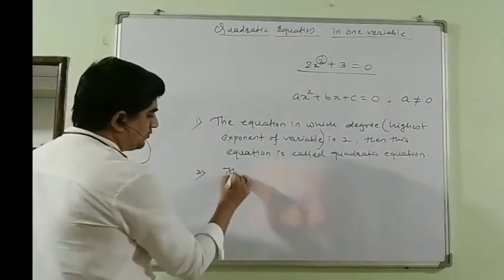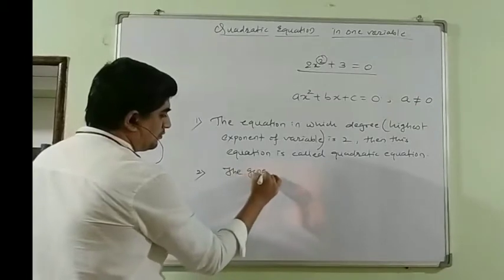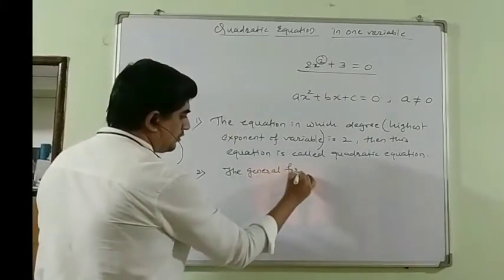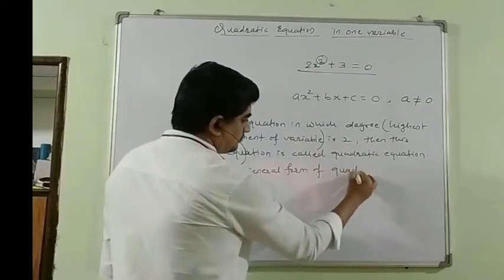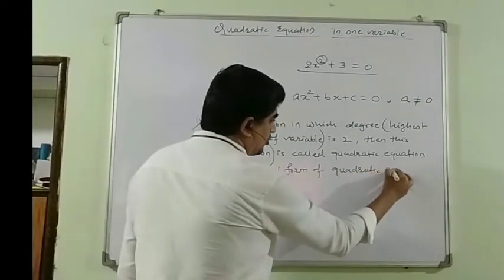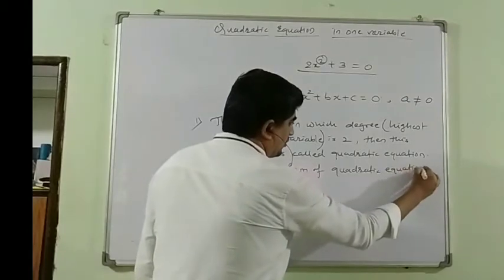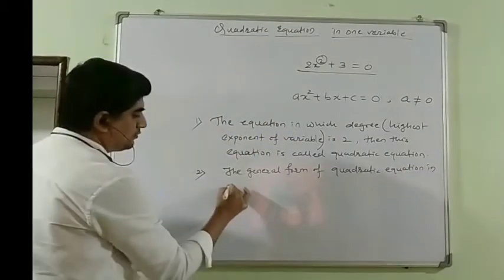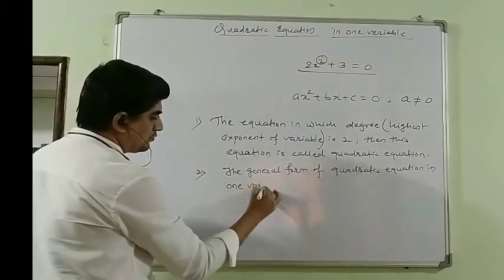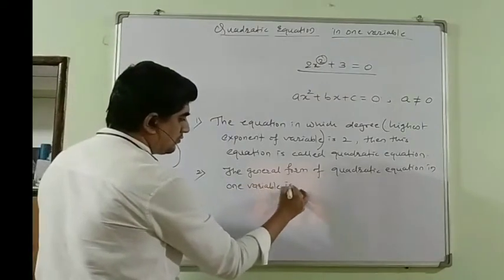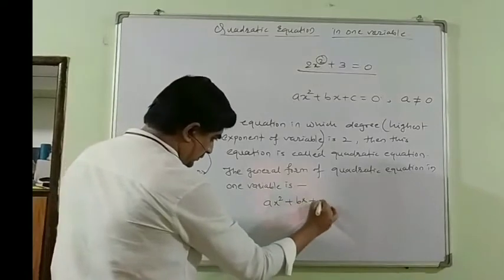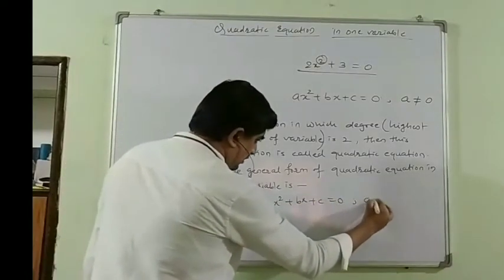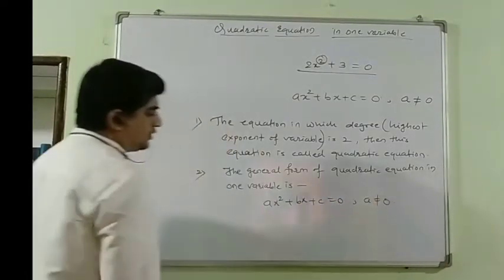Second point, the general form of quadratic equation in one variable is ax square plus bx plus c is equal to 0, where a is not equal to 0.